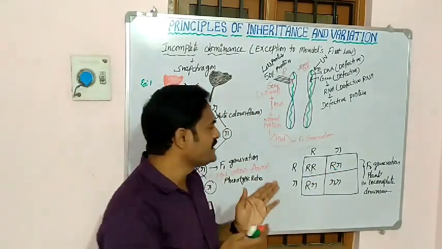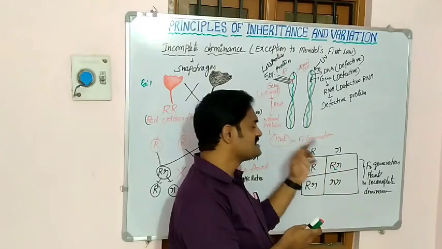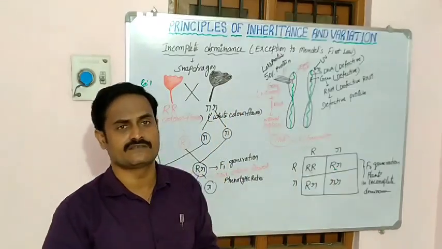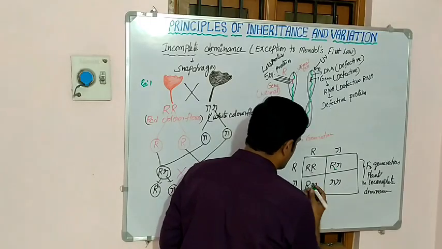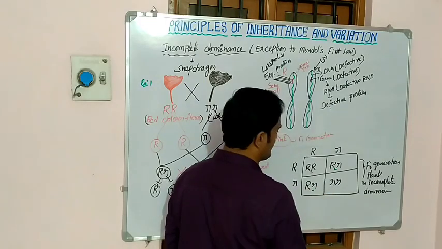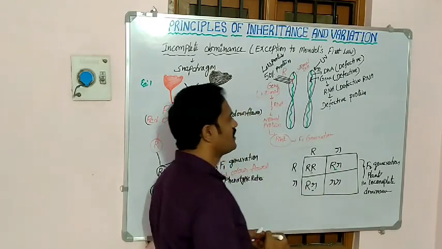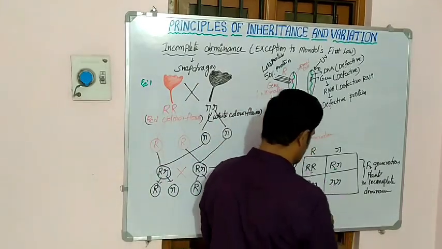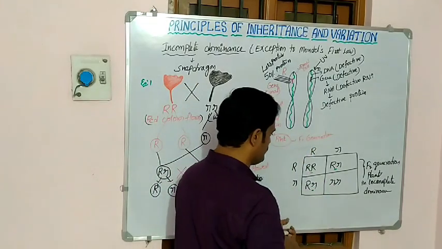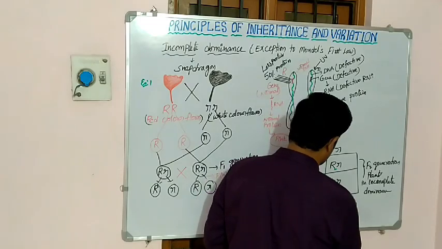What is the intermediate character? This is a pink color flower. So, same like that, capital R small r indicates pink color. Here small r small r indicates white color flower. This is called white color flower. Remember.